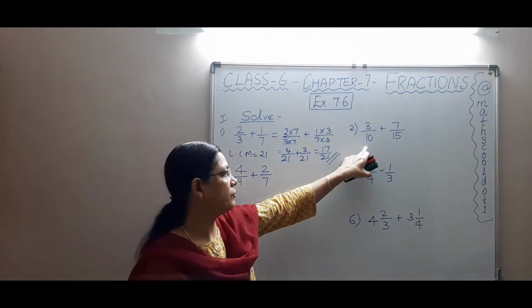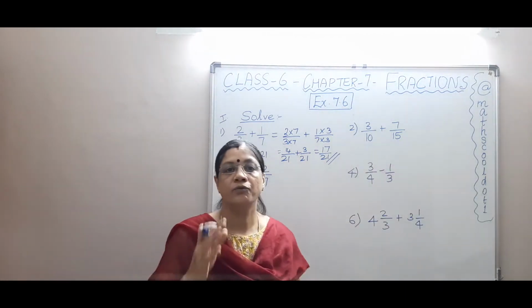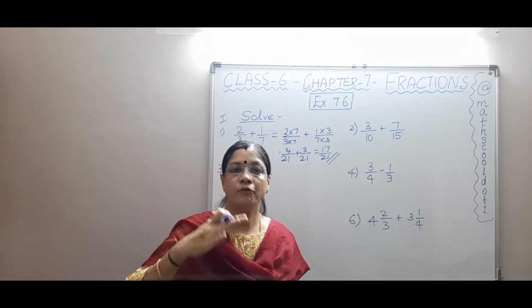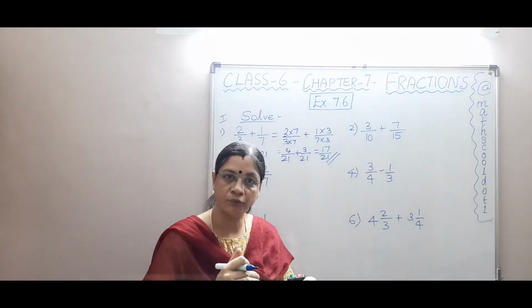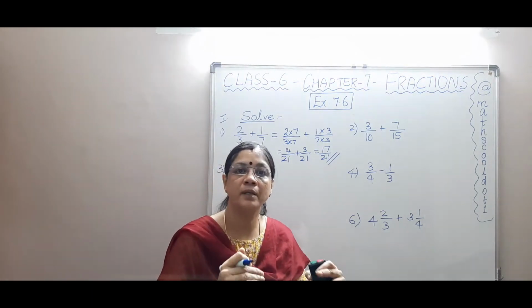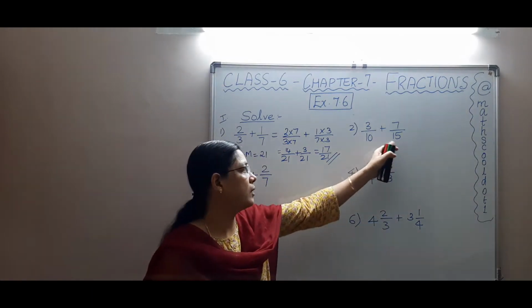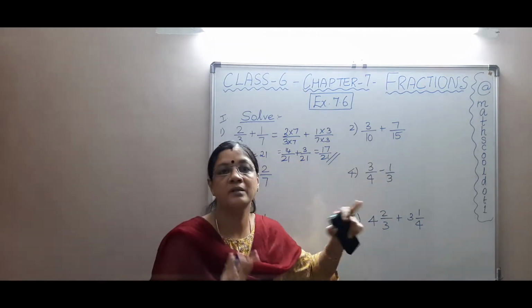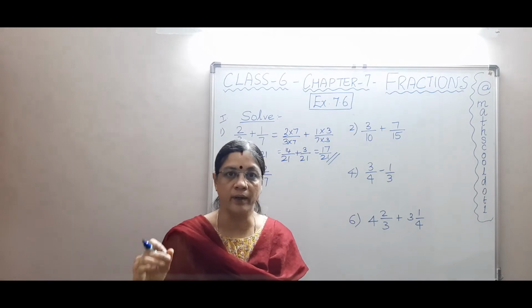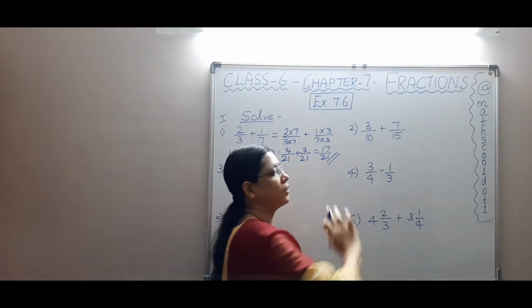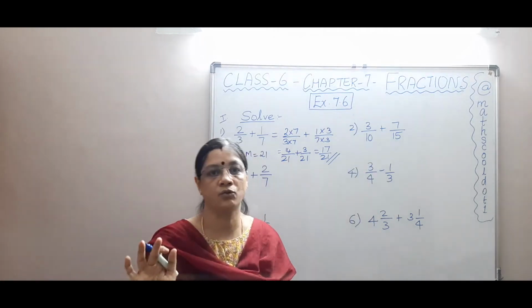Out of 10 and 15, 15 is the bigger number. 15 ones are 15 and 15 twos are 30. You check each and every multiple of 15; the first multiple that is also a multiple of both numbers is your least common multiple. So 15 twos are 30, and 30 is also a multiple of 10, so 30 is the least common multiple.